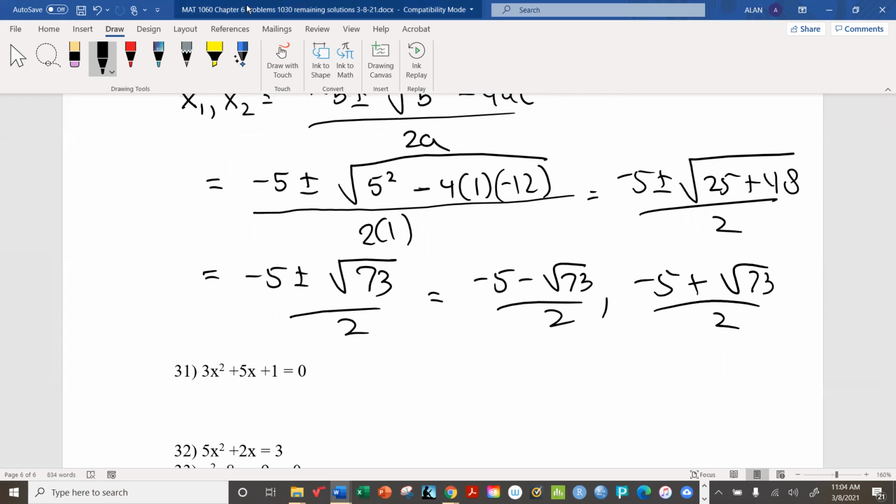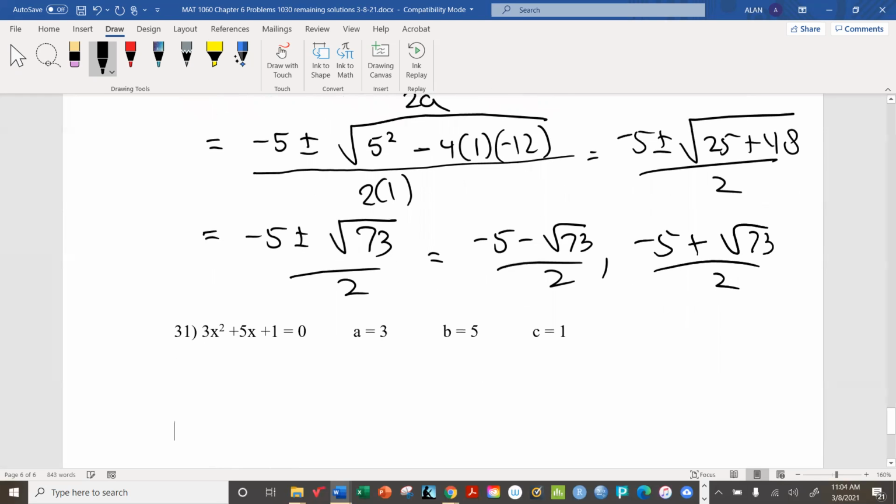All right, now this next one is already written in the correct form, so we can just go ahead and note that A equals 3, B is 5, and C is 1. Okay, so let's try the quadratic formula again. Oh, sorry.